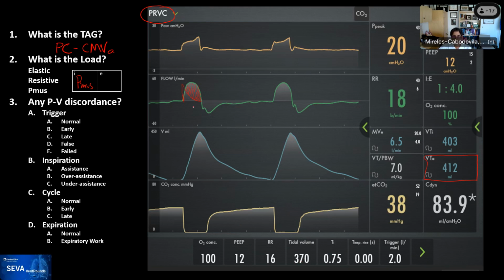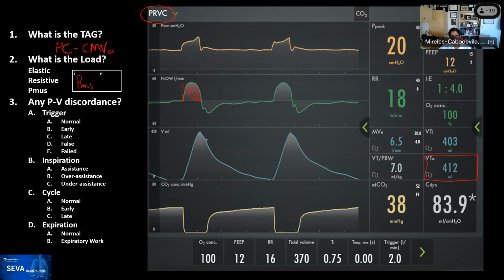So let's take a look carefully at this. And one of the tricks is that there is one condition that is occurring here that we're going to talk about later. But if you look at the expiratory waveform, it doesn't look very pretty. It doesn't look very nice. It starts going down, and then there are these oscillations up and down.